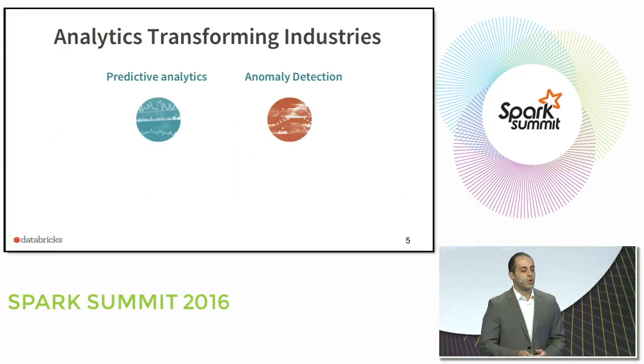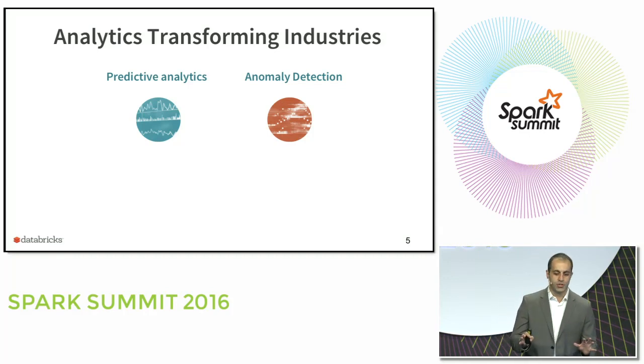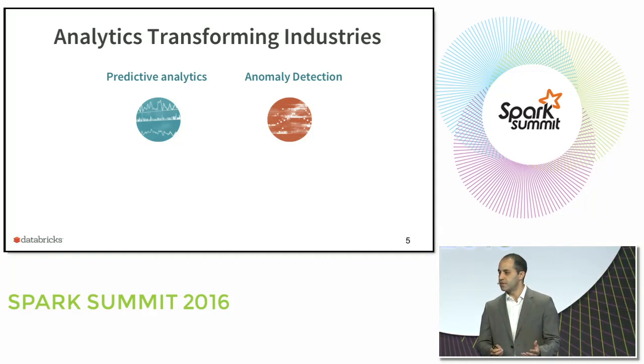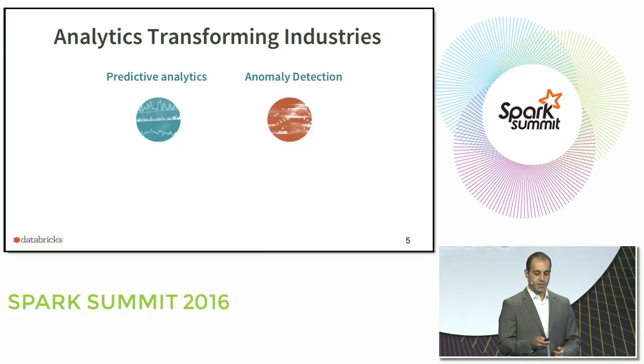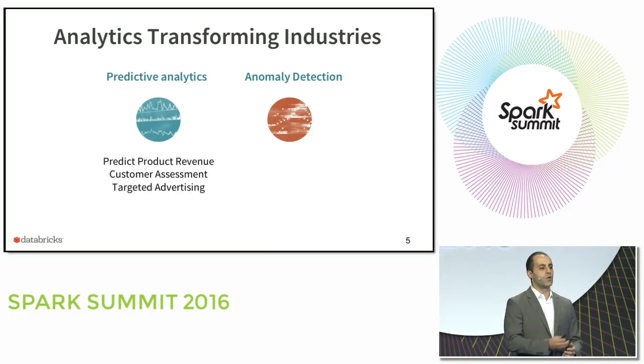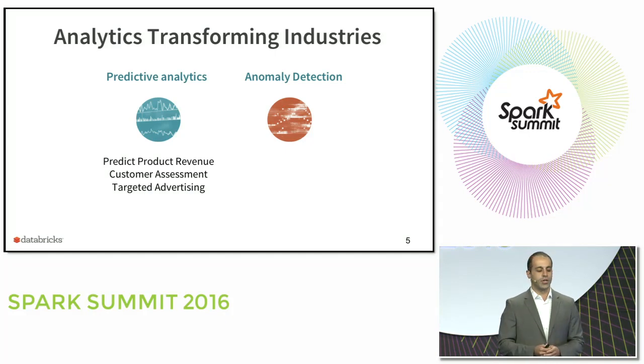Okay. So in particular, the same techniques are broadly used mainly to do prediction. And there's two types of predictions. One is predictive analytics, and the other one is anomaly detection. And I'll mention a little bit about these two use cases. So in predictive analytics, there's a whole slew of things people can do. Things like predicting product revenue for different products that you're launching.